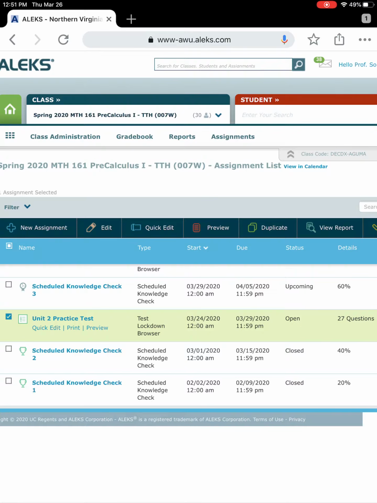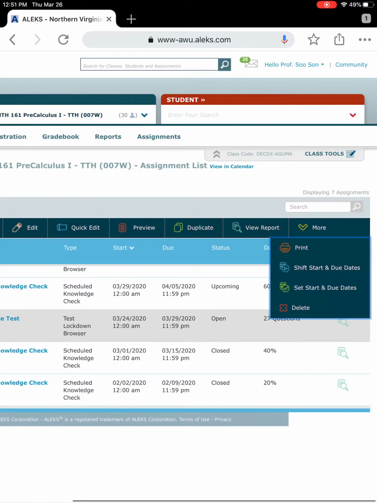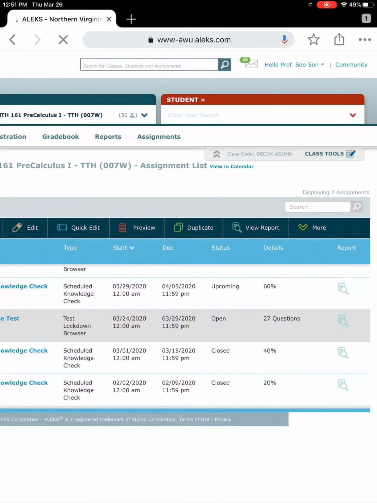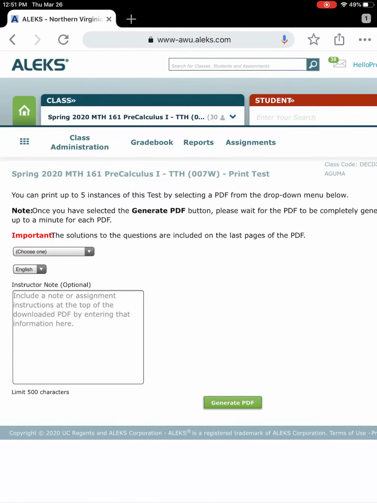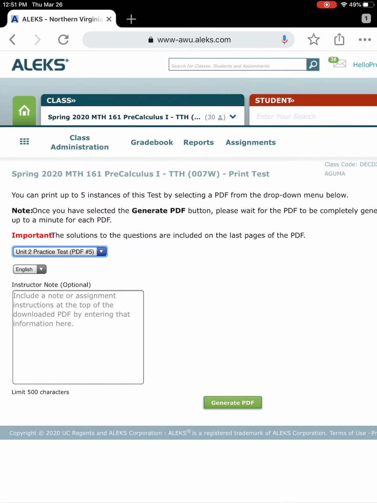Give me 1 second. I'm going to go ahead and download a PDF of this. I wonder how I was able to do that on my computer. Print. I'm going to print a PDF, and it gave me like 5 random pages. Let me go with number, let's say 5. I'm going to go with number 5, and I will post this PDF file on Canvas for you, so that if you want to, you can download it and follow along with this video, okay?